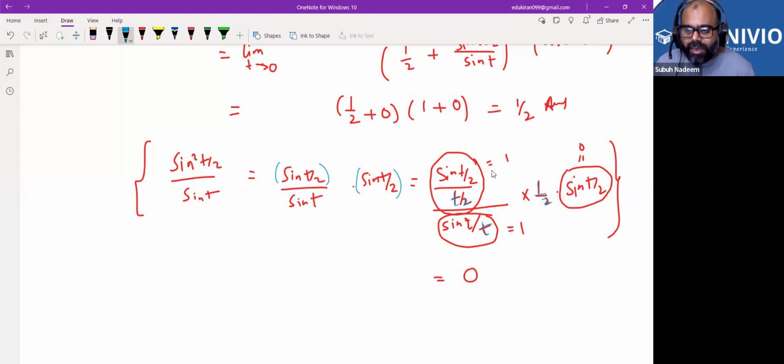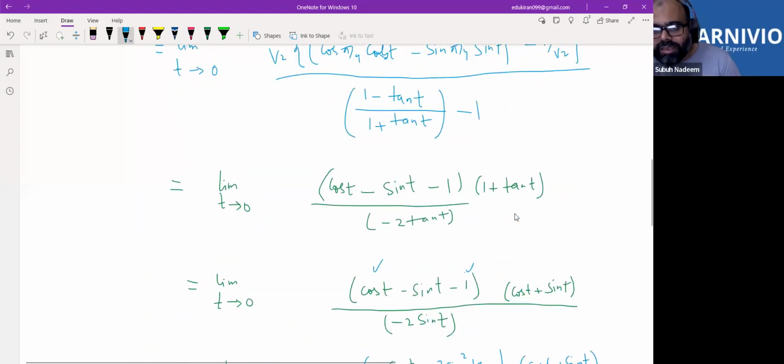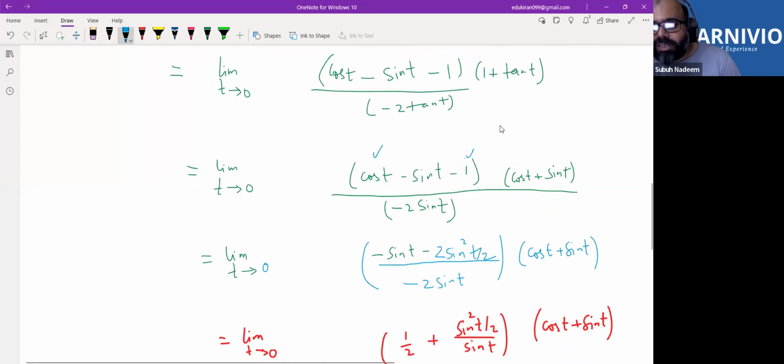So sine t by 2 by t by 2 is 1 because t is approaching 0. And sine t by t is also 1. Sine t by 2 will be 0. So overall the product will be 0. Fine. So you can write it down. I don't know from where I stopped, so you can start from here, I think.